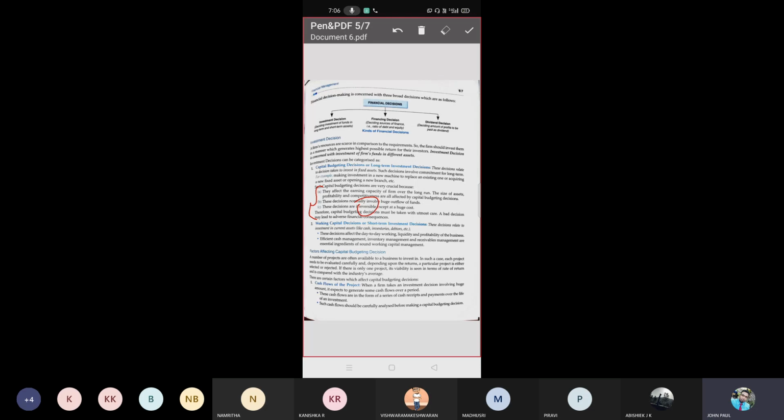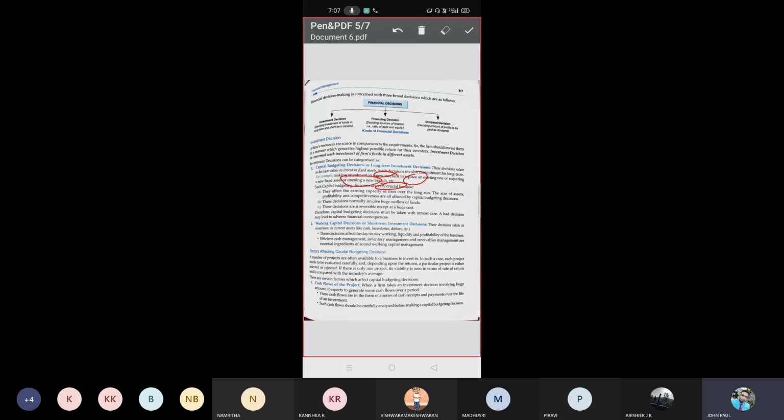So first thing is irreversible. Second thing is huge outflow of money. Third thing is when we make a foolish investment, it will affect our earning capacity. These are the factors we need to consider while investing in new machines, replacing an existing one, or opening a new branch.